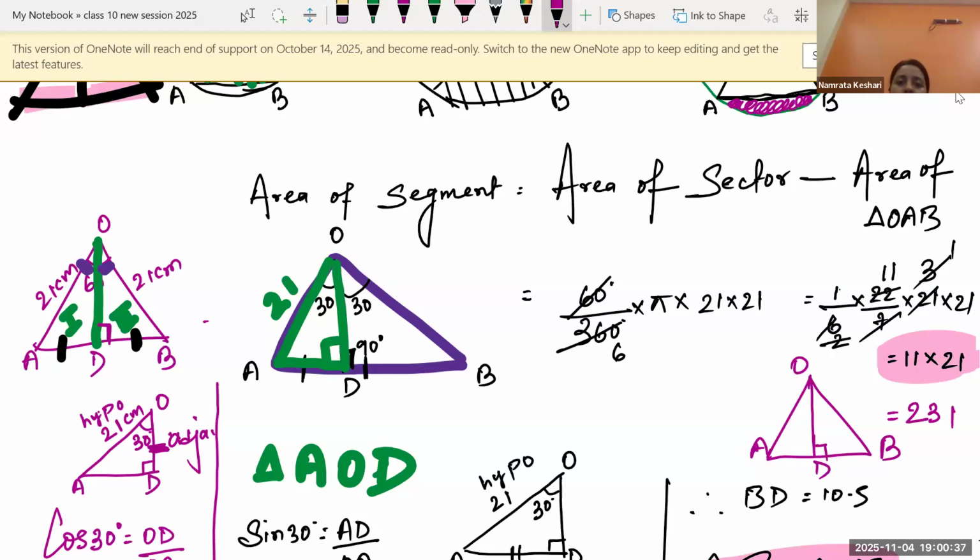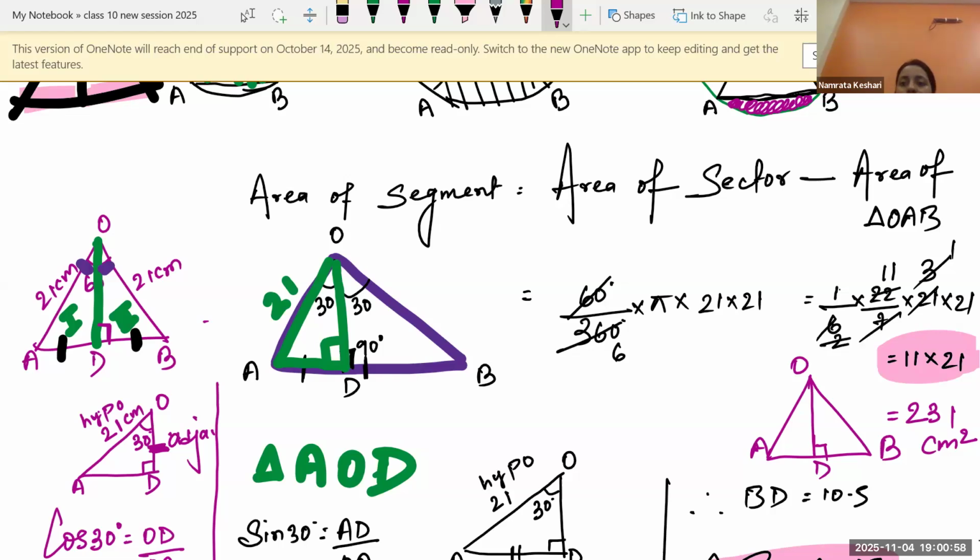Okay, so 231 centimeter square, that was the area of the sector. And just now we have found the area of the triangle. We will just do the subtraction. While doing the subtraction, if, okay, simplification is possible, please do it. Otherwise you are allowed to leave the answer in the subtracted form itself.